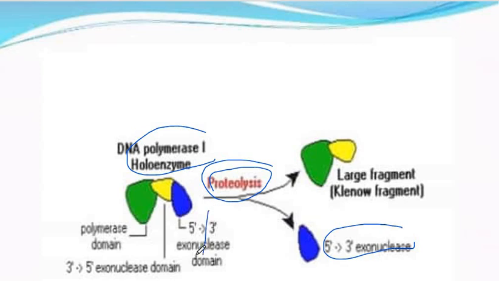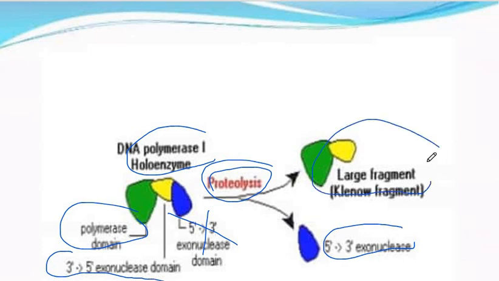It cuts off the 5' to 3' exonuclease domain, but it will retain the polymerase domain and the 3' to 5' exonuclease domain activity. This fragment only retains polymerase activity and 3' to 5' activity, but it lacks 5' to 3' activity, so the fragment is known as the Klenow fragment.